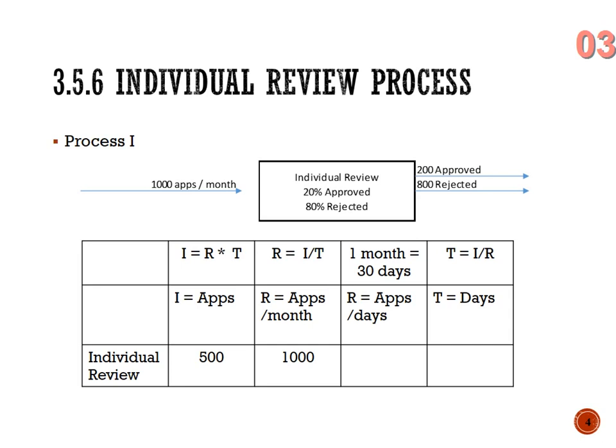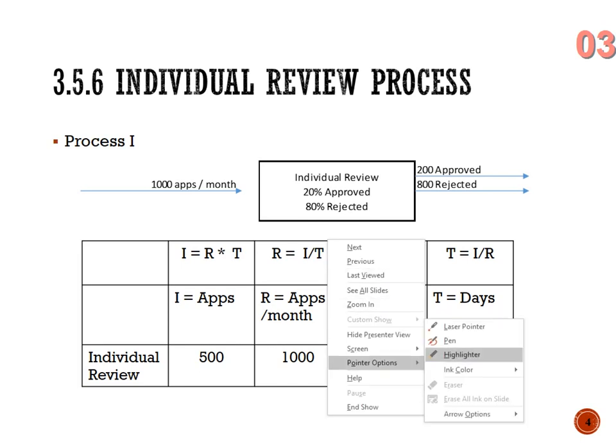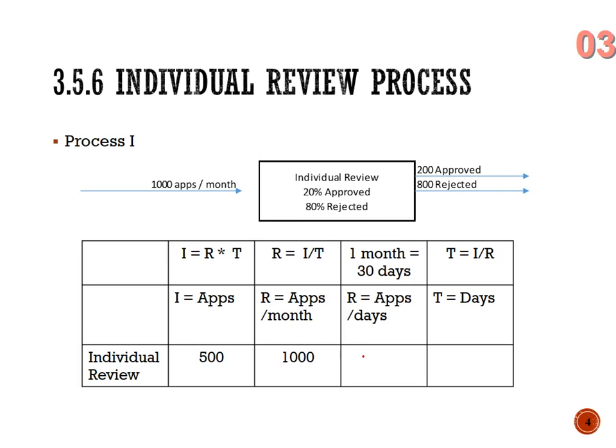And so if I'm going to convert my throughput to days, I'm going to take 1,000 and divide it by 30 days. And that's going to tell me that I have 33.33 apps per day.